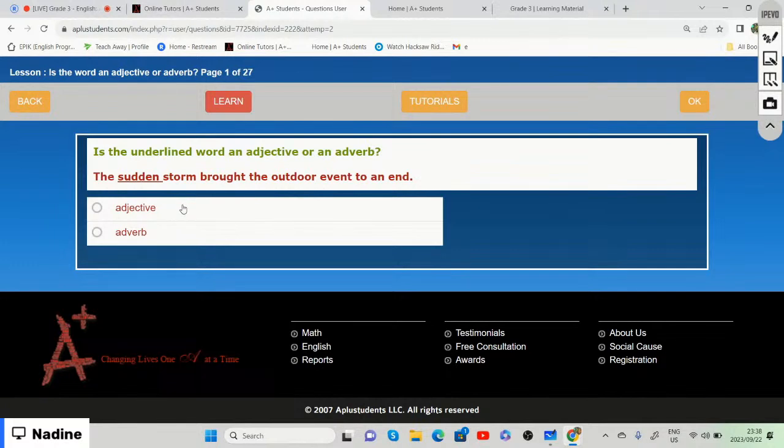So sudden. Is sudden an adjective or is sudden an adverb? It's telling us about the storm. The sudden storm brought the outdoor event to an end. Is this an adjective or is it an adverb? Sudden.